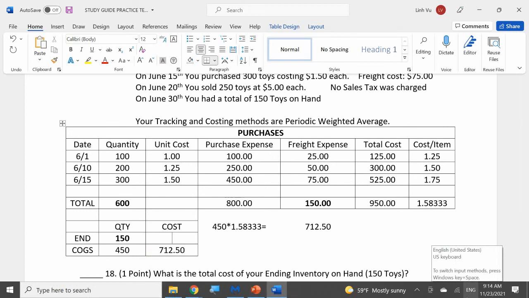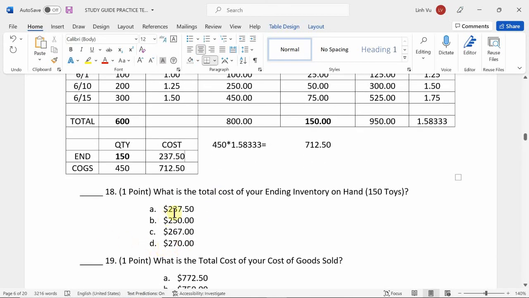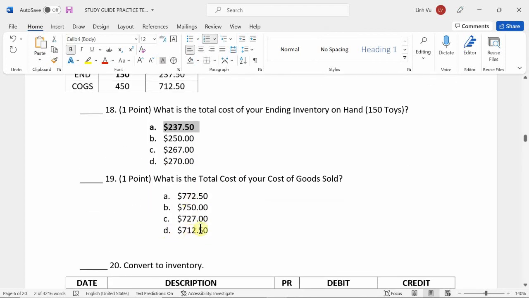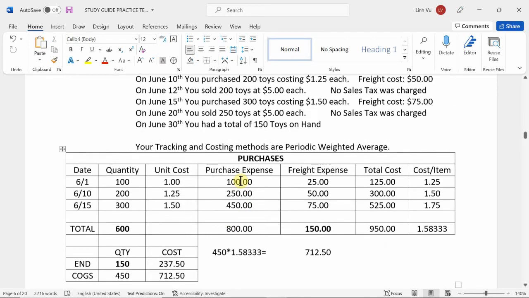So that means your remaining balance here is going to be 950 minus this, so 237.50. So the ending balance is going to be 237.50, and the cost of goods sold is 712.50. So again, please practice this.